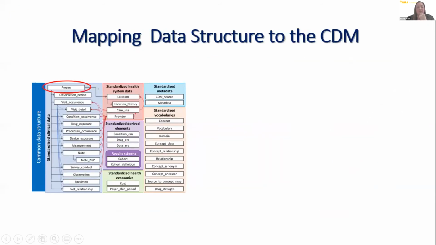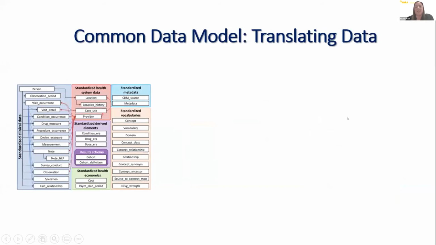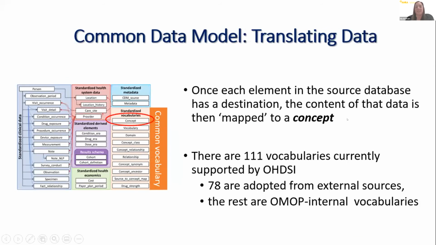So as I mentioned, we have the common data structure, and then what we do is we translate the elements in our source database into the common data model format. So we have a destination for each of the variables that we have in our source database. They go to a particular place in the destination database in the OMOP-CDM. The same with translating the data. We work through the idea of a concept.